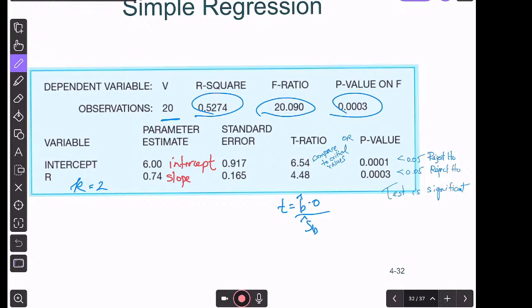Let's do the test. This was n was 20, right? So this says 53% of the variation in y. What was y again? It was price to earnings ratio.